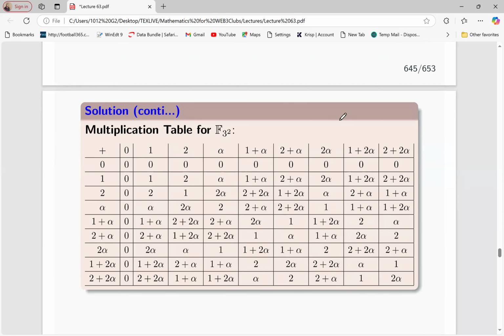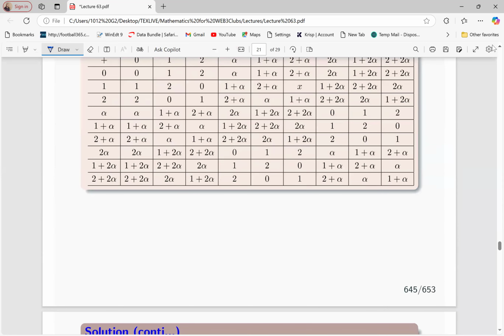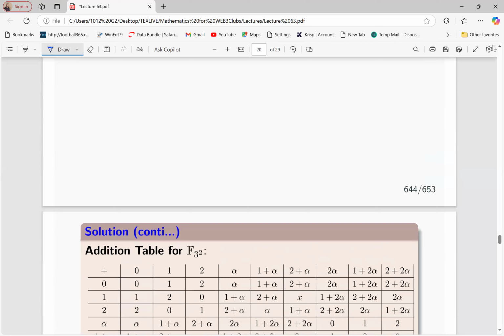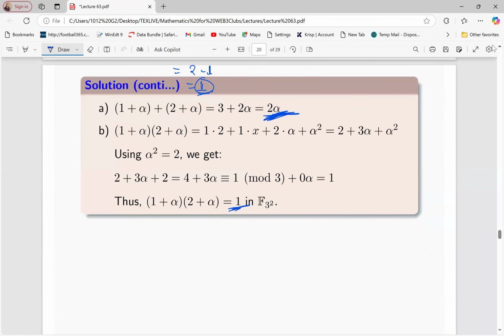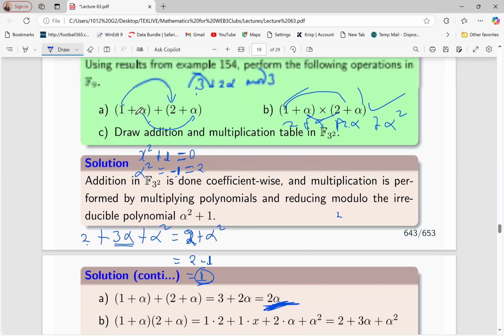These tables I was drawing just to prove that the field extension is also a field. So you must show that it fulfills all the axioms of a field under addition and multiplication. That's what I wanted to do.